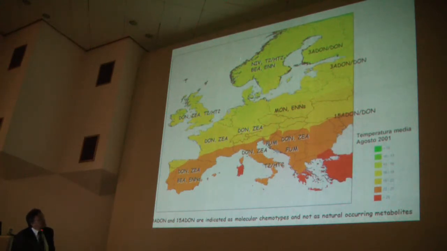But what is interesting to notice is also that you have T2 and HT2 producing species which were thought to be related only to meteorological conditions of cold temperature in the north, while we can find them also in southern Italy. And in England, but England also has cold temperature, so it is quite understandable.